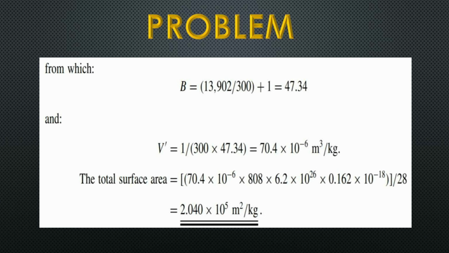Substituting the values, the total surface area is equal to 2.040 times 10 to the 5th square meter per kilogram.